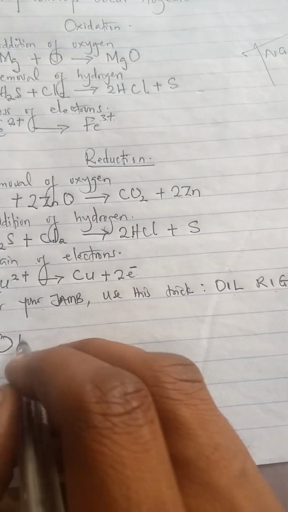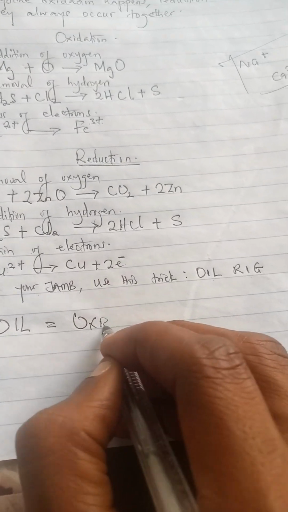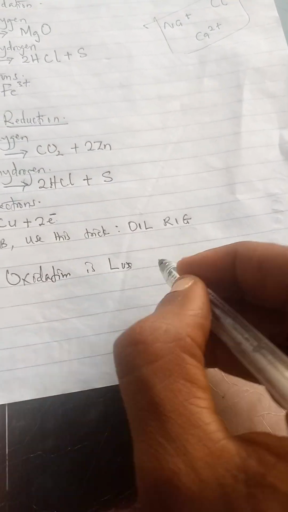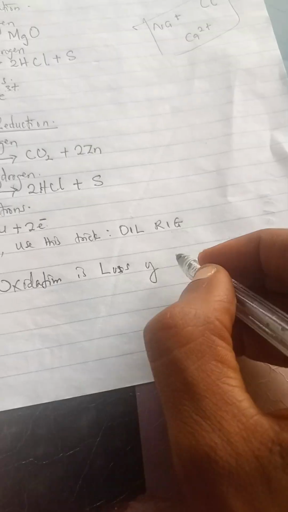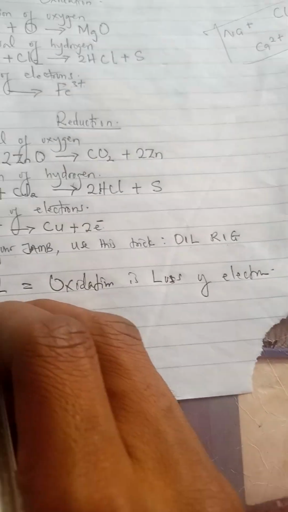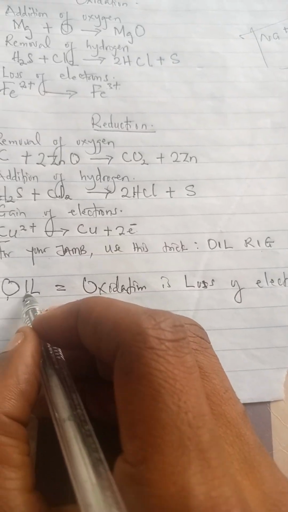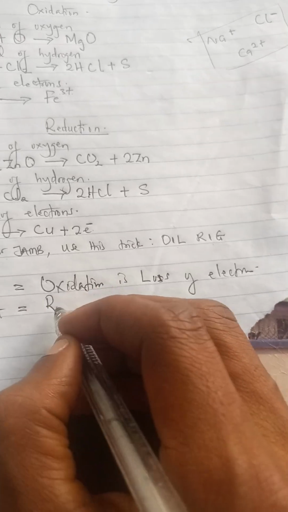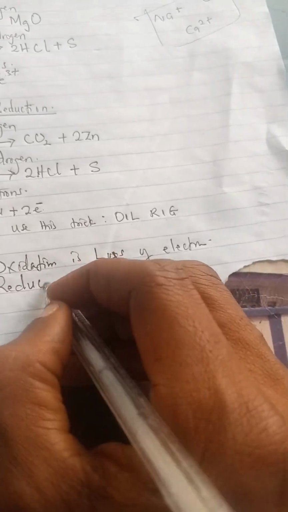What it means is that OIL means oxidation is loss of electron. Oxidation, O is I, loss is what? L. Then RIG. RIG means reduction. Are you with me?